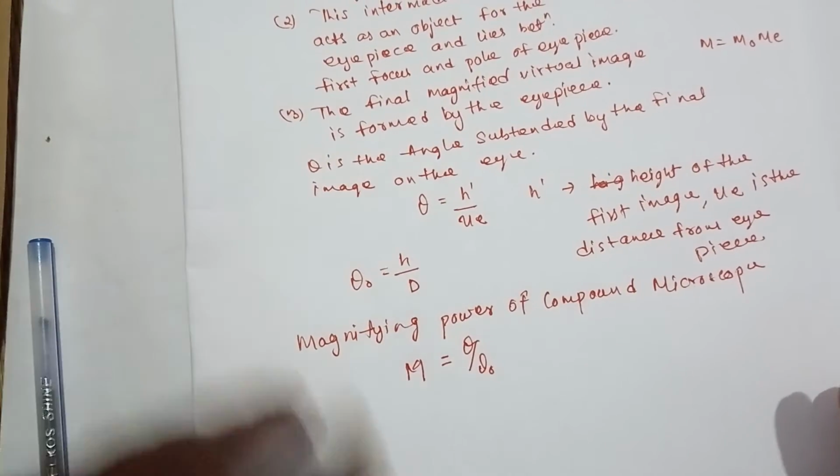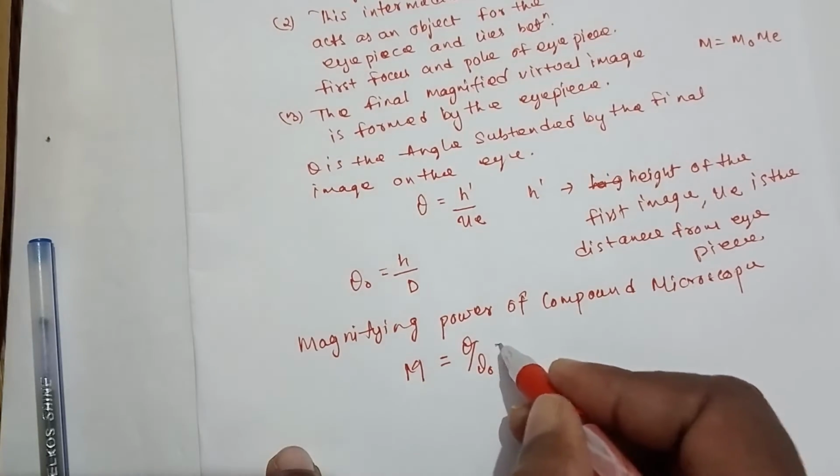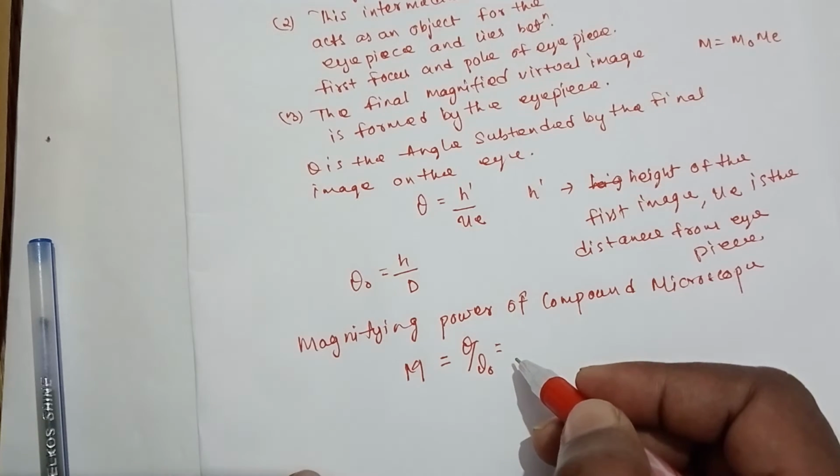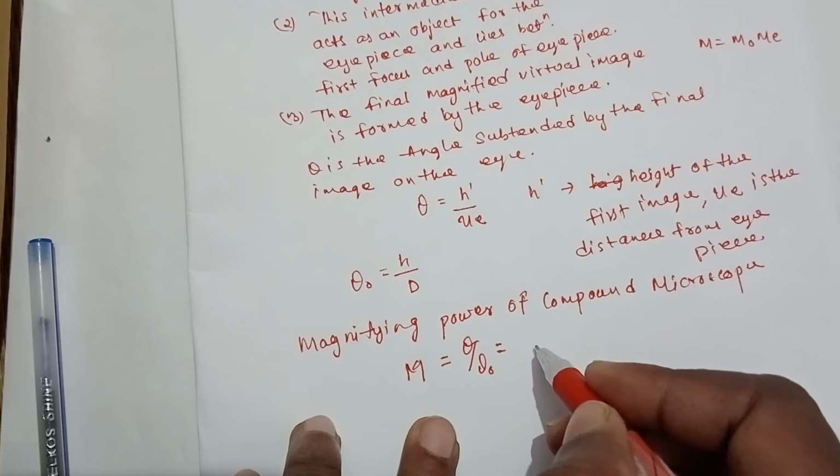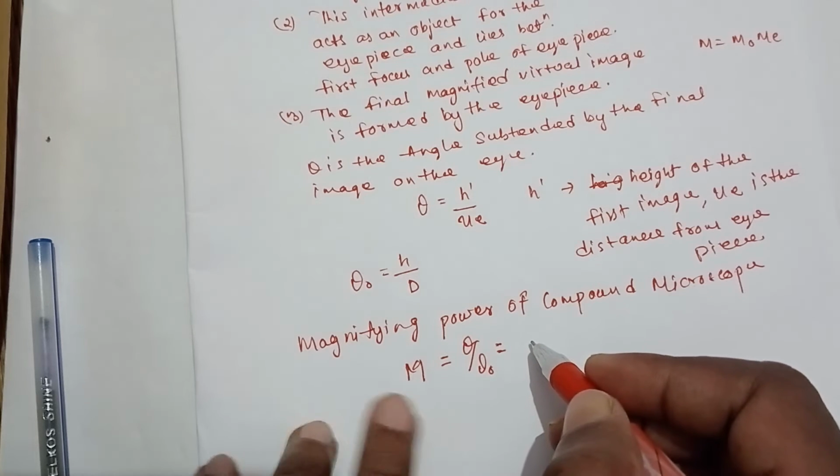Whatever magnification is produced depends on theta, means it is an angular magnification. Magnification means to increase the visual angle.